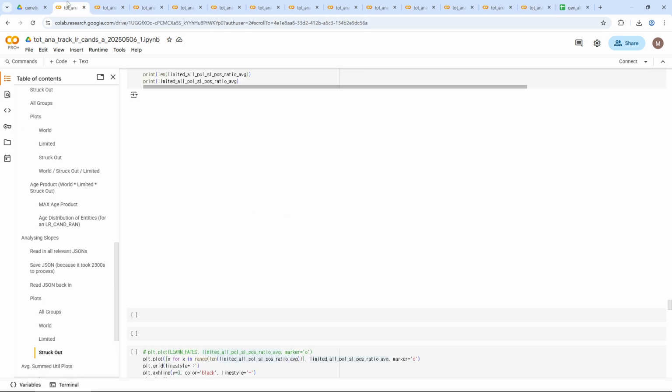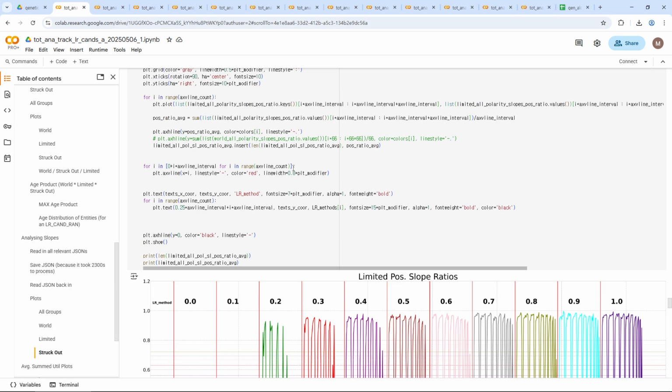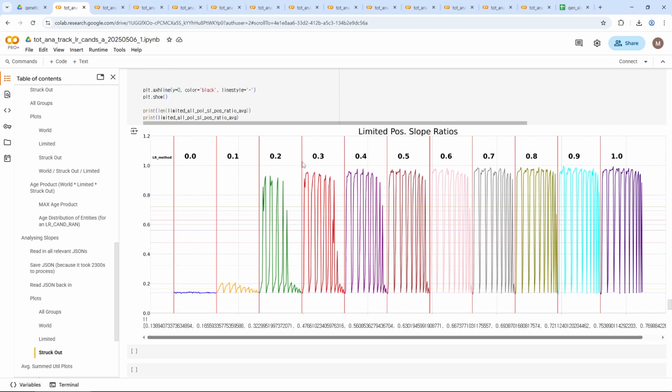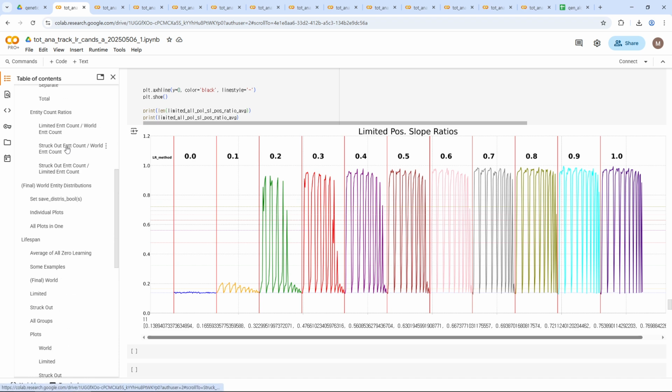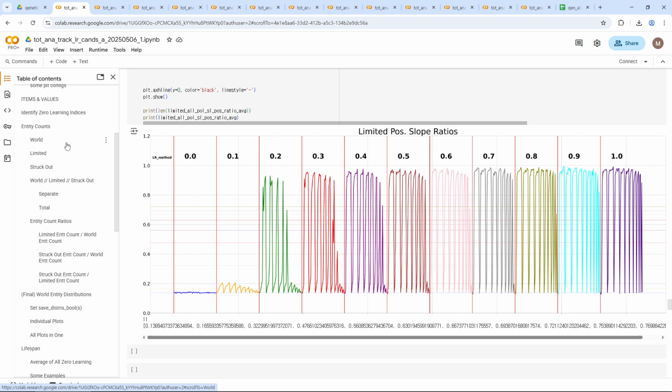So overall, they do share a very generic, very general pattern, and it's not that easy to say or see what the optimum combination is by just looking at the positive slope ratios, or the lifespans, or the entity counts.